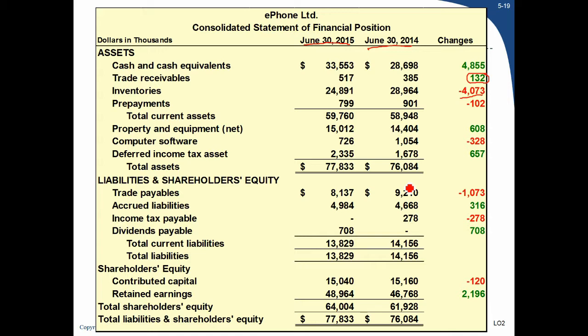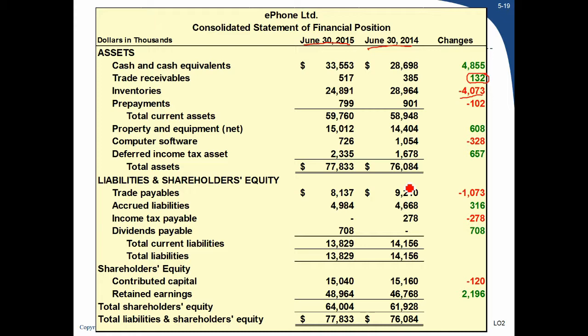There's a few ways to think about it. One is, let's say we didn't take on any new credit from our suppliers, and all we did was pay down some of the balance we owed. That's the simplest way of looking at it. We did owe them $9,210. Now we only owe them $8,137.